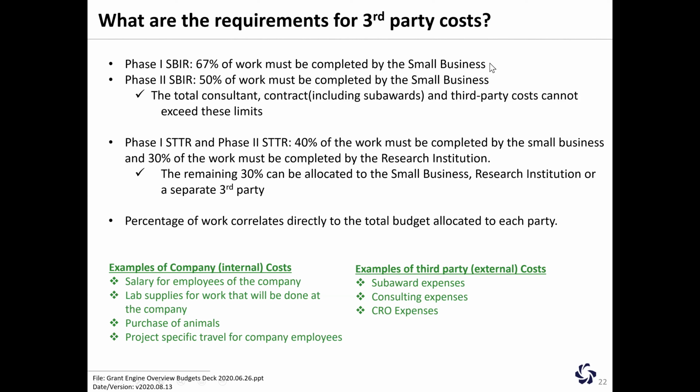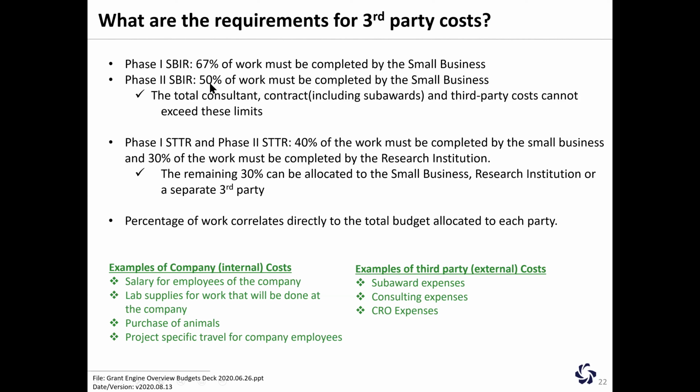That means that if the total budget is $100,000, $67,000 of that budget has to be completed by the small business, right? So it's dollars, okay?